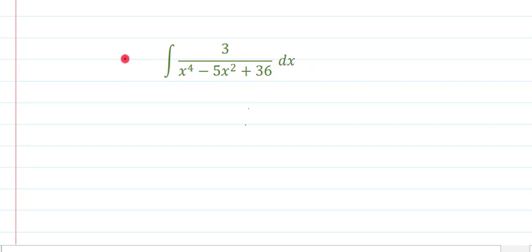So let me start. Let me name this as I. This you know very well. Now I is equal to... If you remember, then we need to create a term in the numerator which is the square root of this 36, so that after squaring this term, we can have 36.